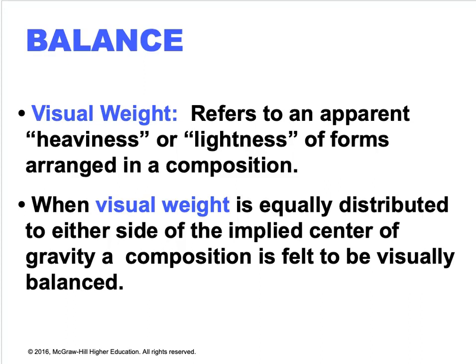The word apparent means you feel like that's what you see. It doesn't mean that one part of the painting physically feels heavier, like it is heavier weight-wise. It's just how it looks.